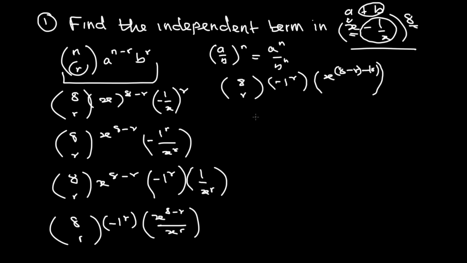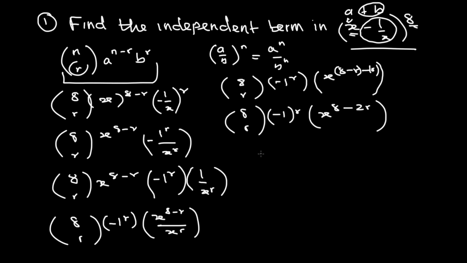You see? So now here we're going to have 8r like this. We maintain our minus 1 for r. And then here, what do we have? We're going to have x to the 8 minus 2r. Now I've got my x term, independent of the other terms.